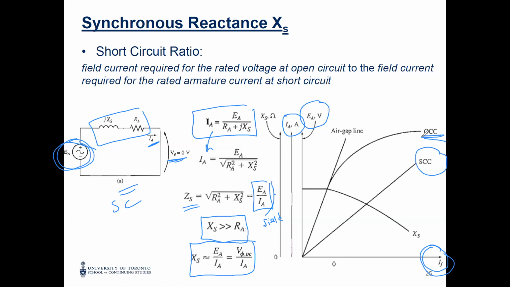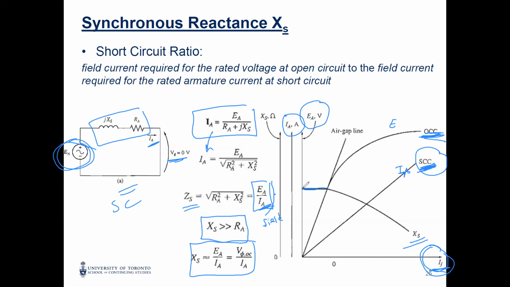If you divide the open circuit characteristic over the short circuit characteristic, because this is E and this is the IA, at the same field, you will get something, and this is actually the XS.